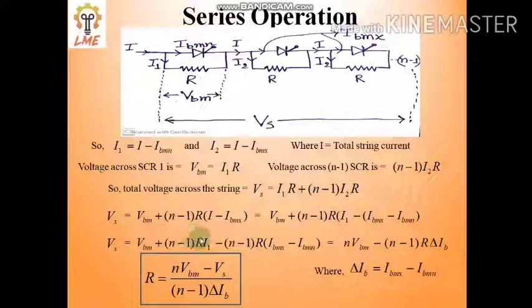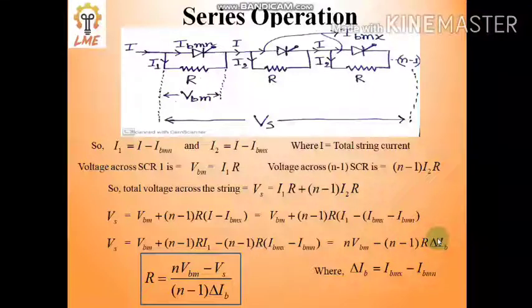Here R into I1 equals VBM, which we already know. So VBM plus n minus 1 into VBM is equivalent to n VBM. And here, minus n minus 1 R into IB max minus IB min, taken as delta of IB. So we write Vs equals n VBM minus n minus 1 R into delta of IB.